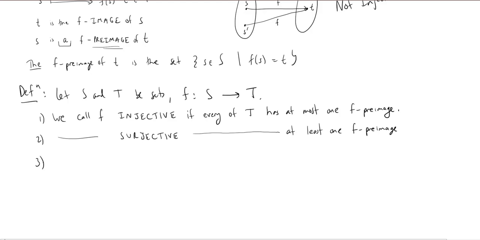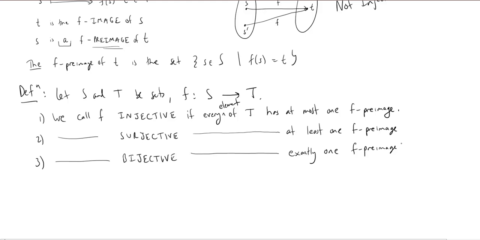Okay, and then finally, we're going to call f bijective if every element of T has, well, this is the intersection of the two ideas, exactly one f preimage. So injective says you have at most one, surjective says you have at least one.